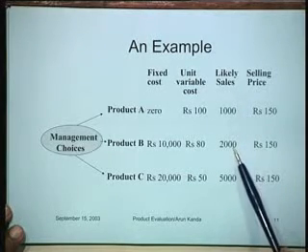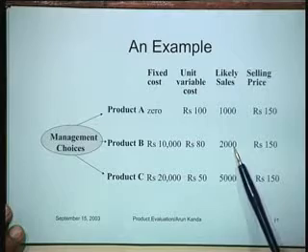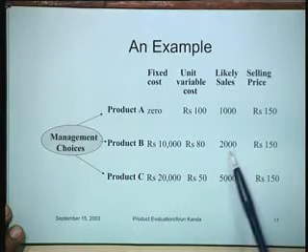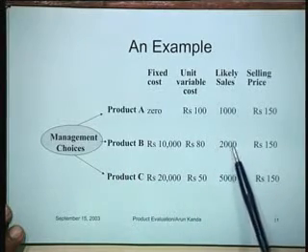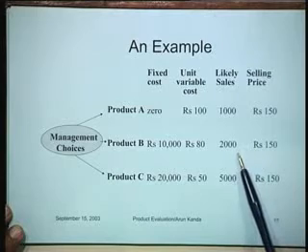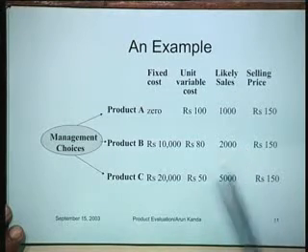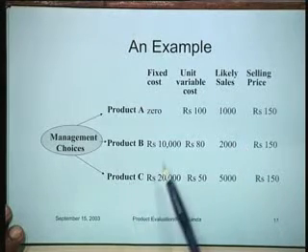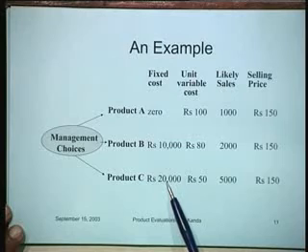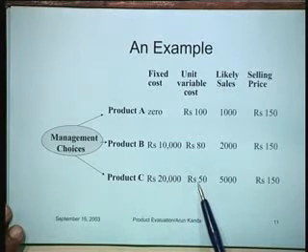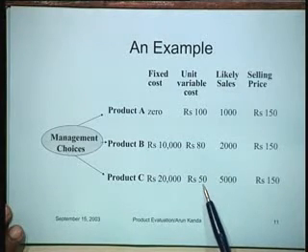The likely sales are 2,000, which means essentially the implicit assumption is that we can go up to this particular level, because beyond this we are not likely to sell of this particular item. For product C, the investment gets doubled and the unit variable cost comes down considerably.